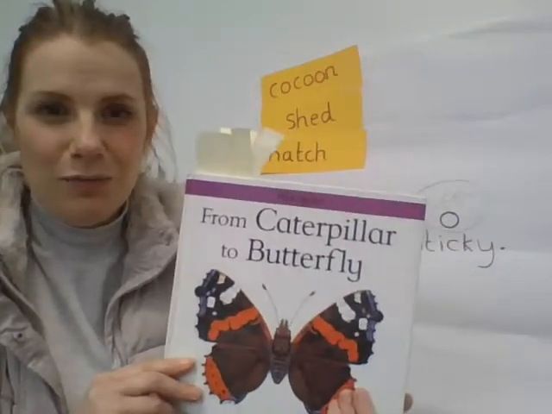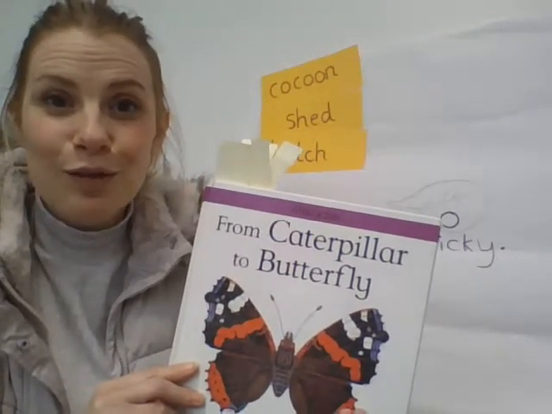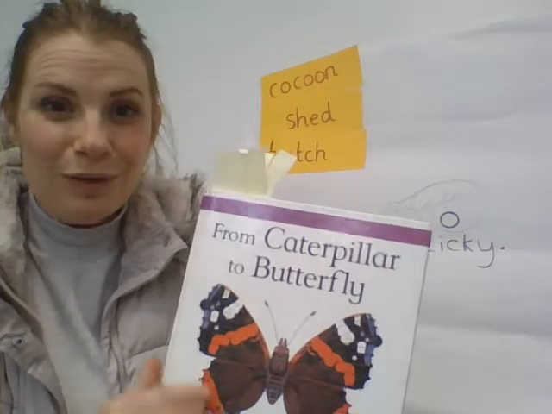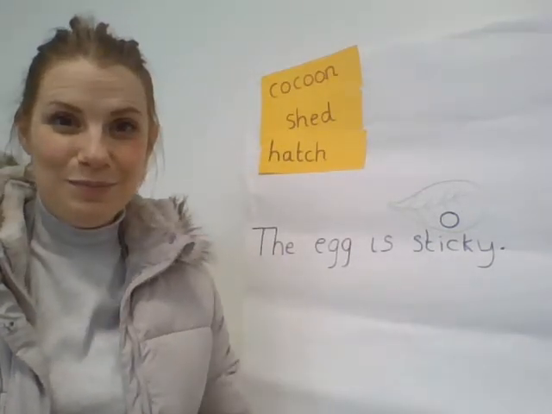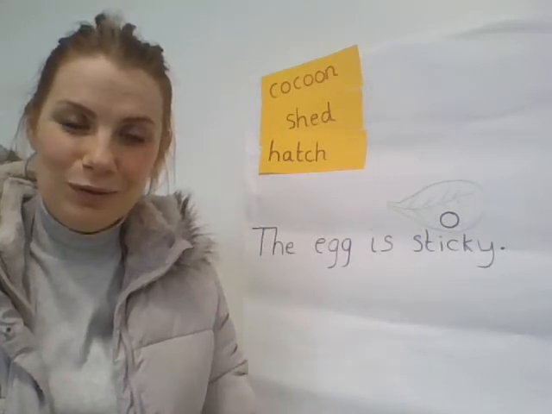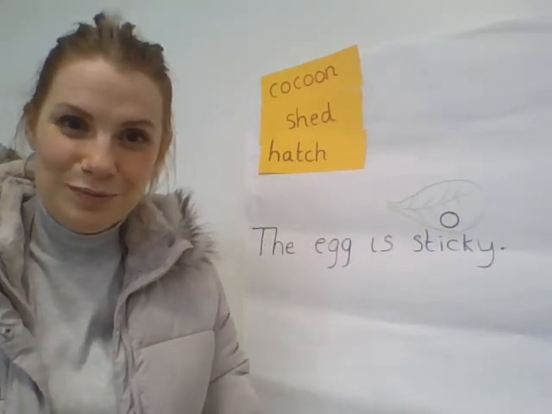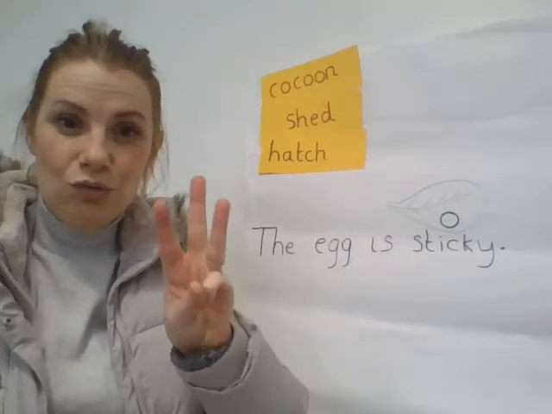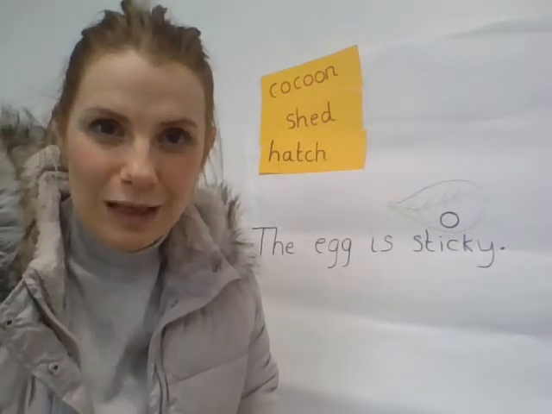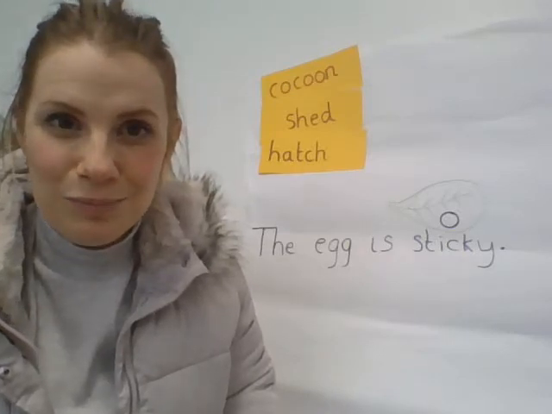That's why I love information books, because we learn so much. We learn that the egg is sticky. Can you remember what else we've learnt? Super job. We have learned that it takes 3 weeks for the caterpillar to become a butterfly.